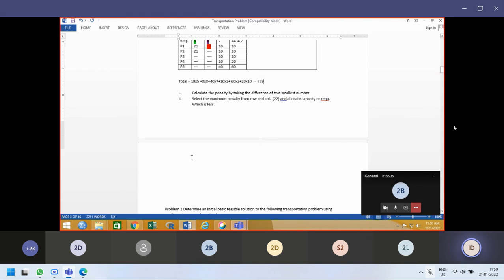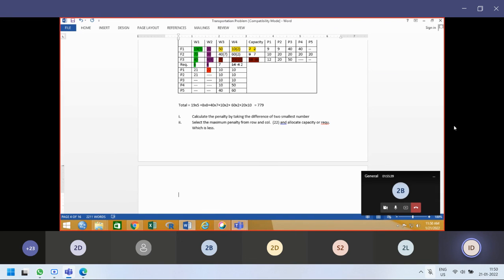In case of MCQ questions, to test the optimality, m plus n minus 1 is equal to the number of allocations. This formula is very important.